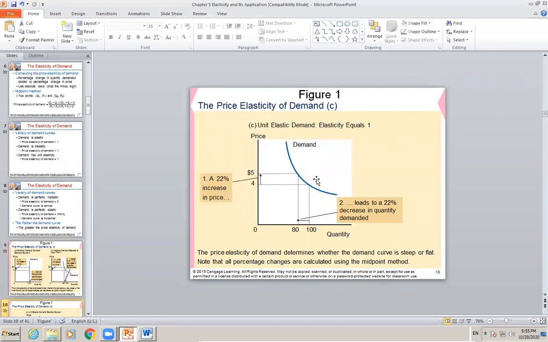Now, in here, it says 5, 4, and 80, and 100. Here we can understand that it's unit elastic. Same change in here, same change in here. So we can just prove it by calculation as well.